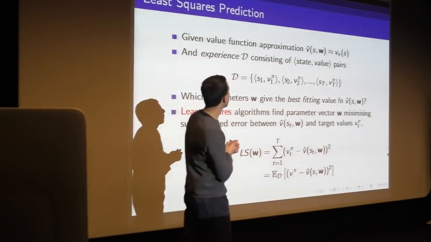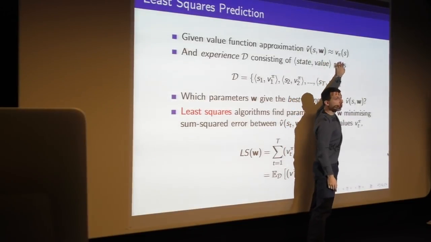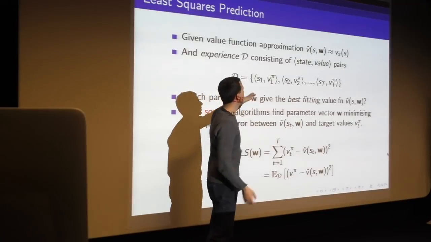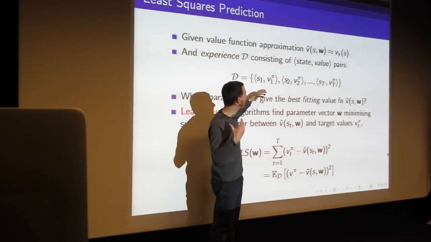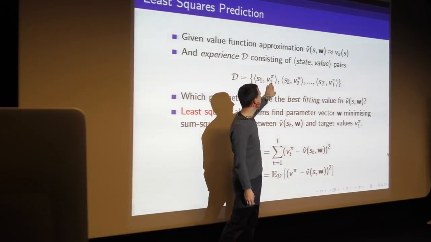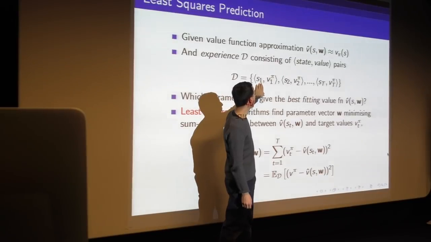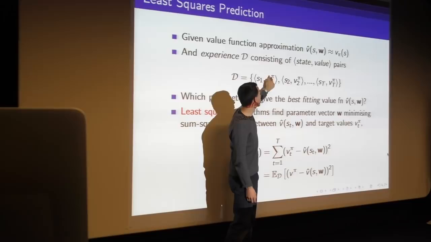So now, if we want to fit our function approximator to the true value function for our policy, we can, again, define some data set. This is just what we did before. We've got some training set, which is our states and our targets. Let's say there's an oracle again. In state S1, the oracle tells us the value should have been this thing, whatever our target is.